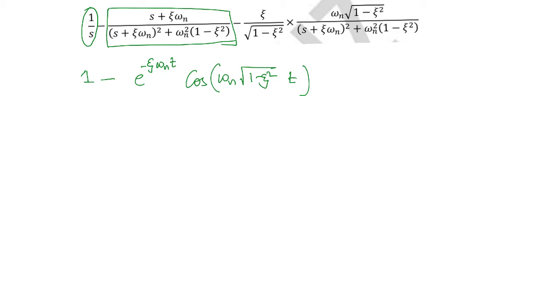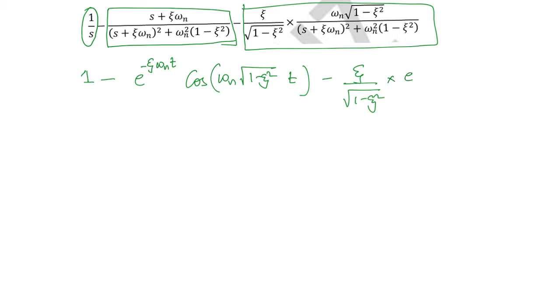Now for this term, the inverse Laplace will be minus zeta by root over 1 minus zeta square into e to the power minus zeta omega n t into sine of (omega n root over 1 minus zeta square into t). So this is the output in the time domain.